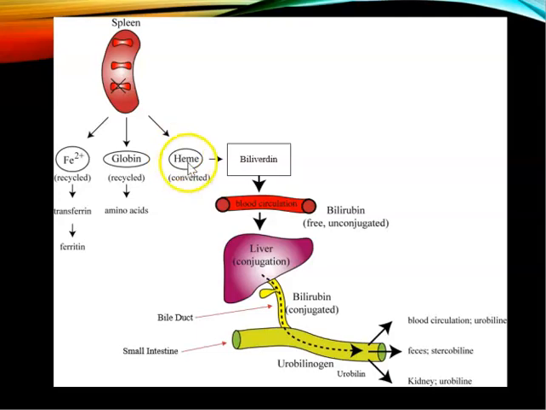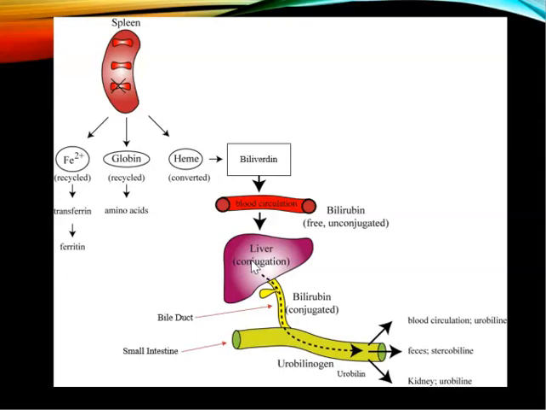But the heme is going to be converted to our biliverdin. And then our biliverdin is going to be taken down farther into our blood circulation to bilirubin. And that's going to be unconjugated free bilirubin. Okay? And then it's going to be taken to the liver by the protein albumin, where it's going to become conjugated and become water soluble.